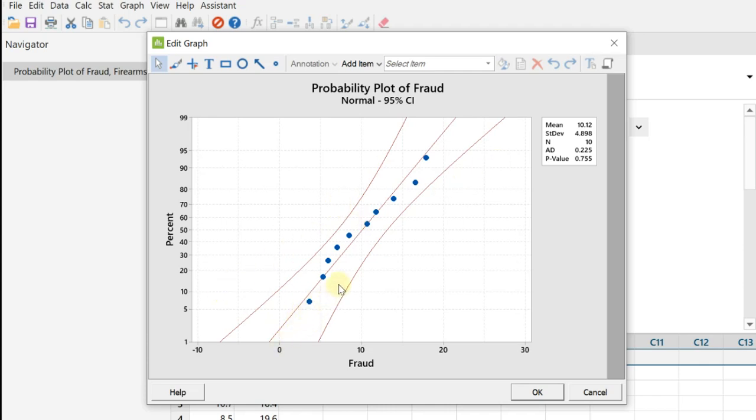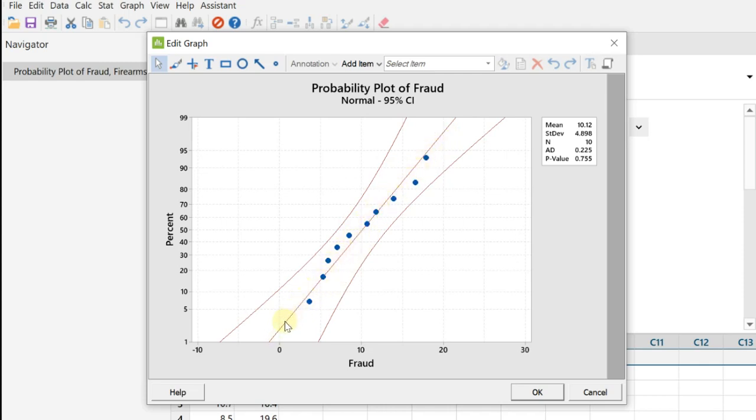Now, the idea with a probability plot, these are called PP plots, or some call them quantile plots or QQ plots. Forgetting about the confidence bands around the data, if this data follows a normal distribution, you would expect all these blue dots to fall along this 45-degree angle line.